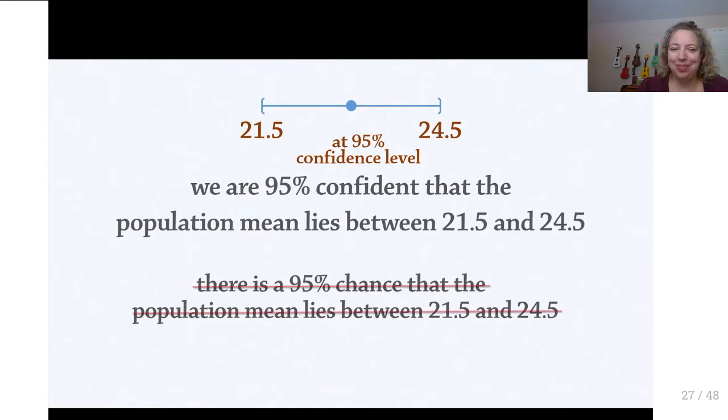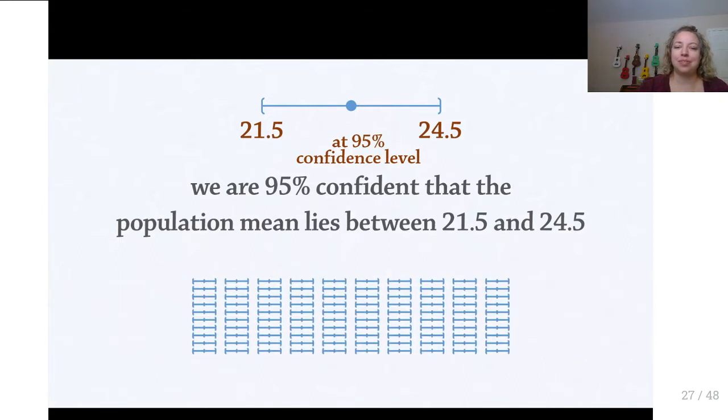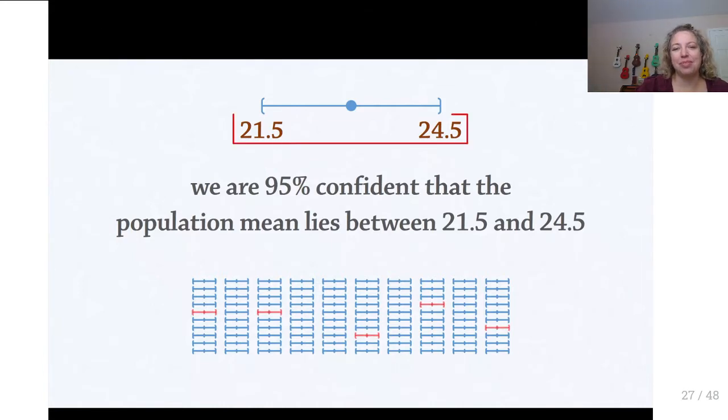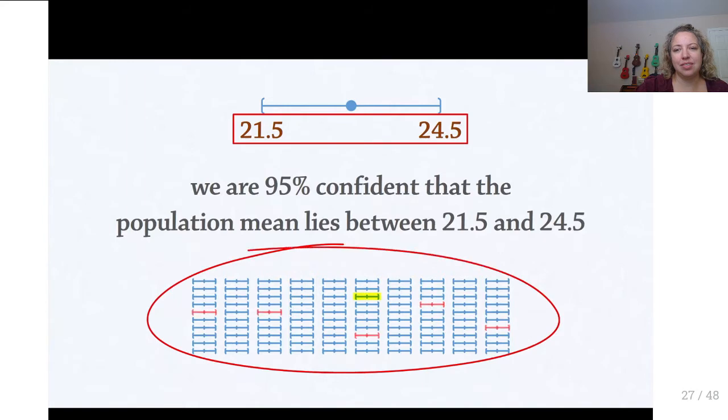What the 95% confidence interval means is that if we select 100 samples of the same size, 95 of the confidence intervals obtained from them will contain the population mean. This interval from 21.5 to 24.5 here is just one of those 100 intervals.